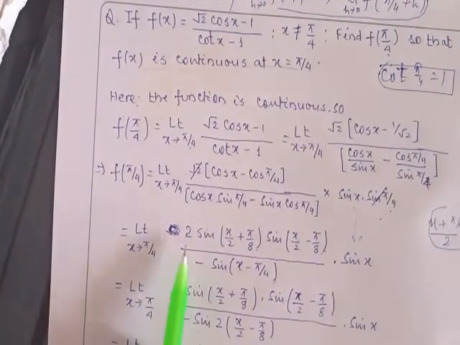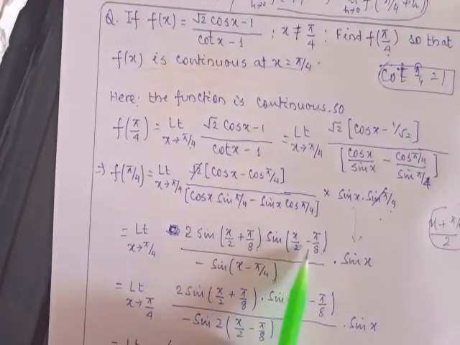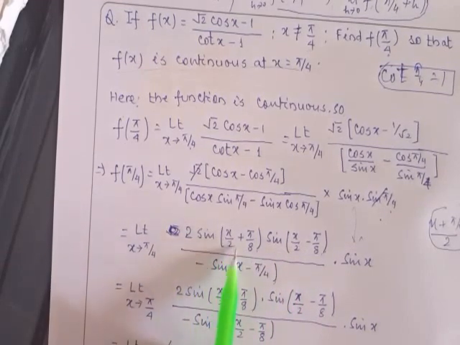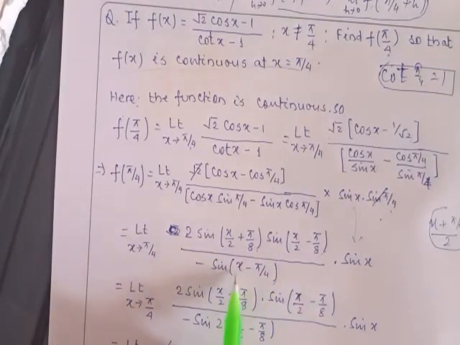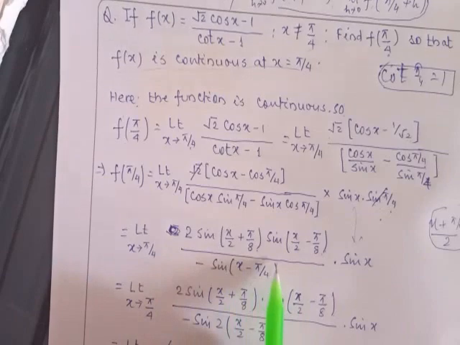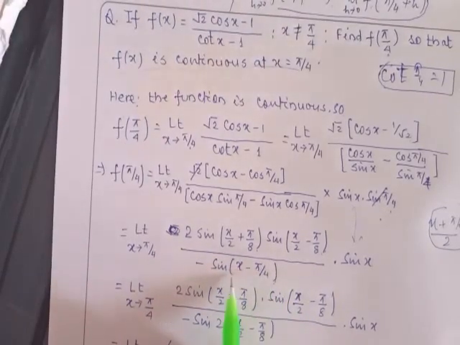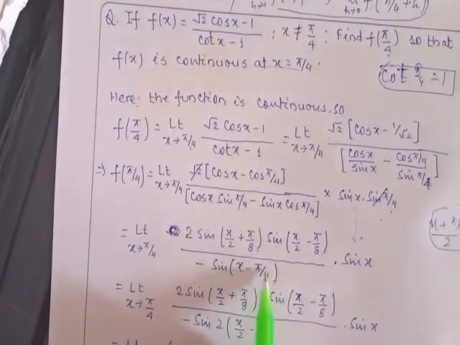Further simplify. Keep the numerator the same: 2 sin (x by 2 plus pi by 8) into sin (x by 2 minus pi by 8). Here sin in this bracket, that is the angle, x minus pi by 4.